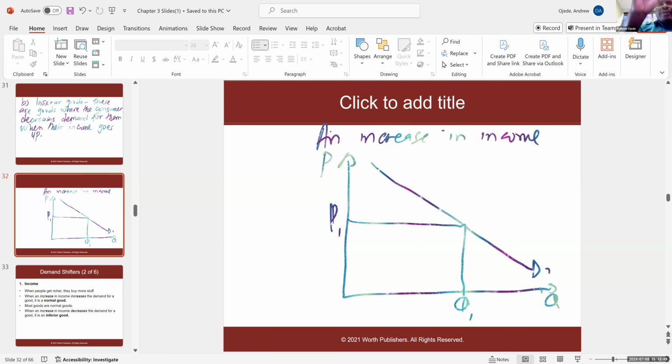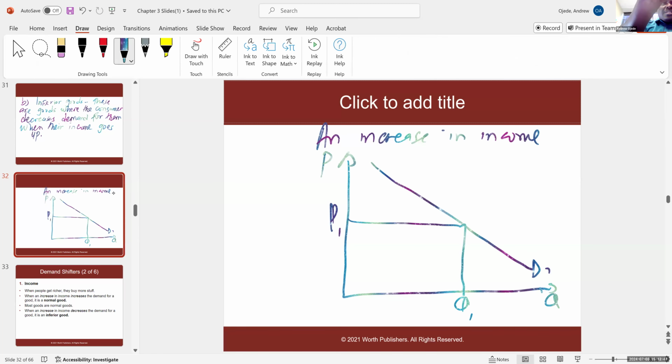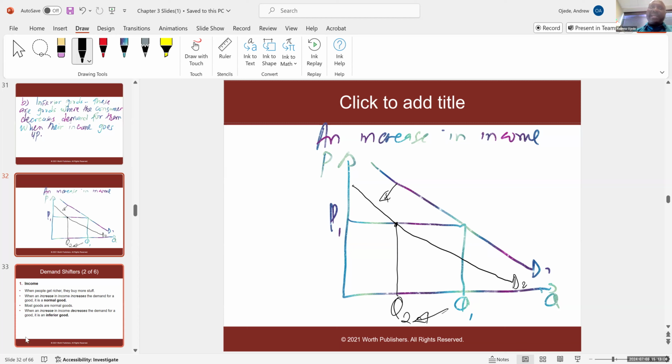For an inferior good, when the income of the consumer rises, they are going to decrease the demand for these goods. So the demand curve is going to shift to the left, to D2. They demand less of the product. Then we say the good is inferior. So that's one way that income can affect the demand for goods.